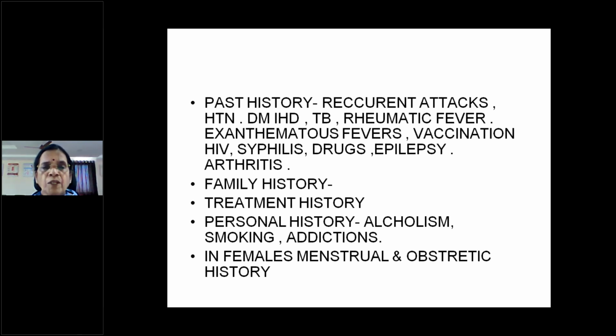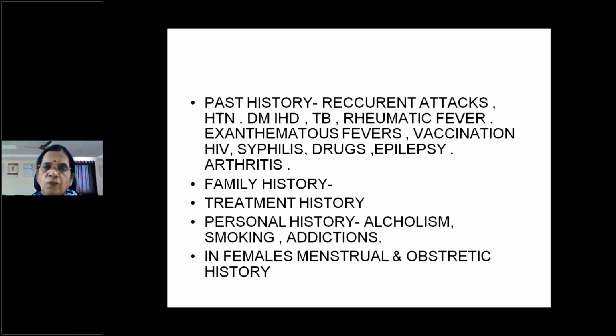The scar also may not be there. So history is very important to know whether the patient has had an extramarital contact. Syphilis can involve the CNS during the secondary or tertiary stage, or even the spinal cord can be affected.